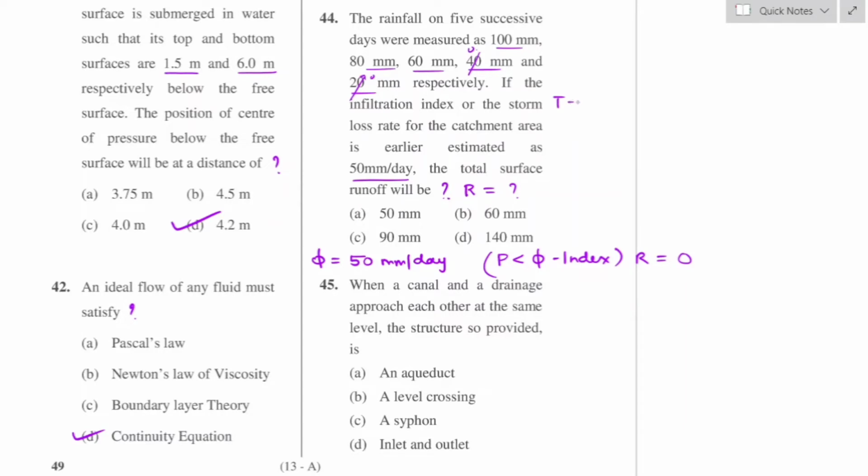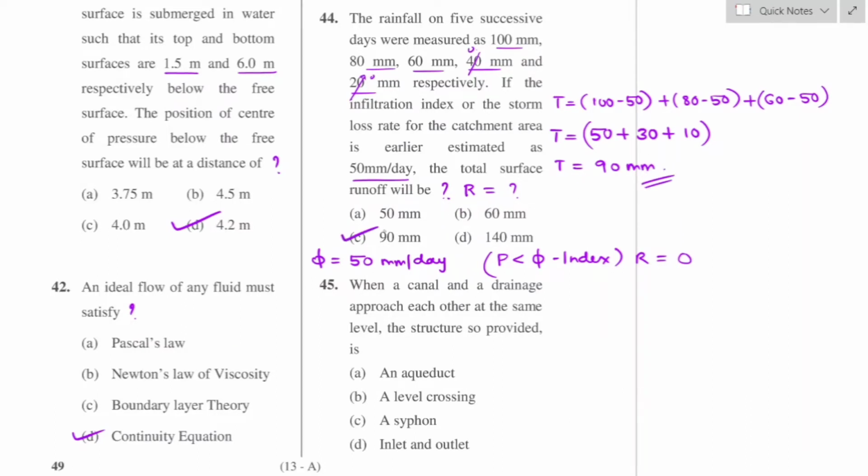So the total runoff will be 100 minus 50 plus 80 minus 50 plus 60 minus 50. 40 mm and 20 mm are considered as 0 because the precipitation value is less than phi index value. So the total runoff will be 50 plus 30 plus 10, which is equal to 90 mm. So the total runoff value will be 90 mm. Option C is the right answer.